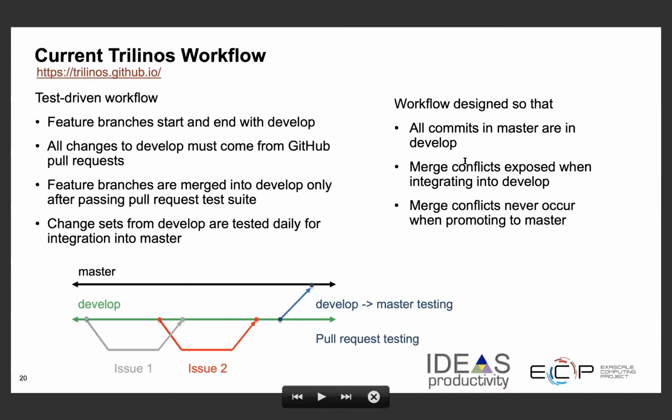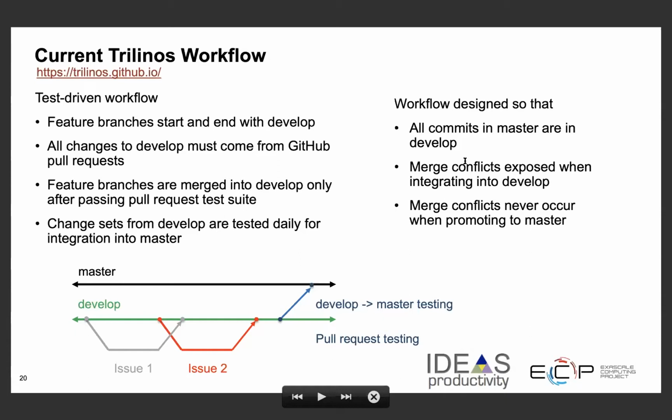When it comes to workflows, Trilinos has a test-driven workflow. You can go to this link out here to get more information. In the Trilinos workflow, feature branches start and end with a develop branch. All changes to the develop branch must come through pull requests, and once you create a pull request, it goes through a test suite before it can go to develop after passing.